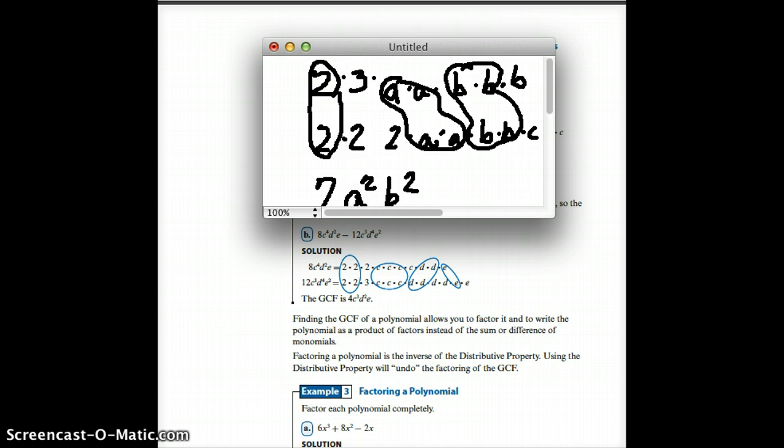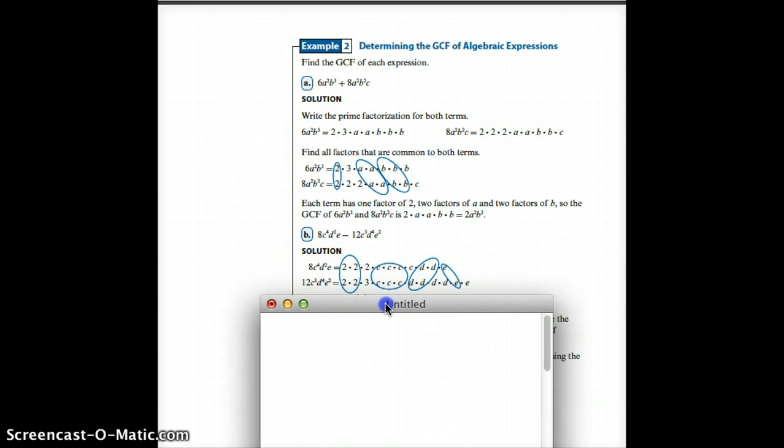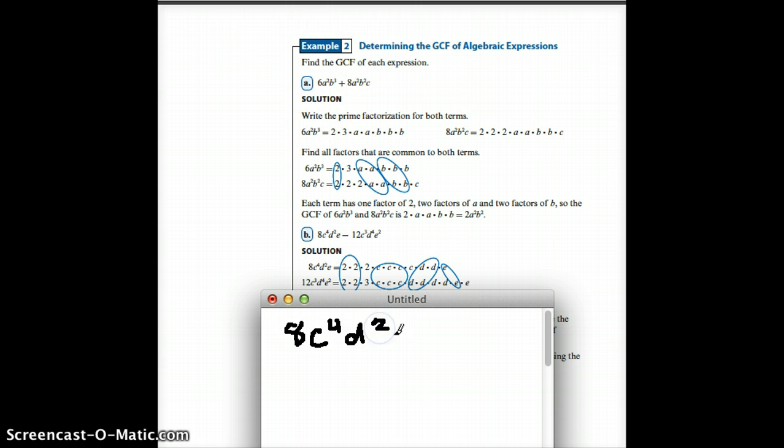Okay, so here's another example, and I'll cover up the answer. So this is what I would do. I would write 8, c to the 4th, d squared, e.